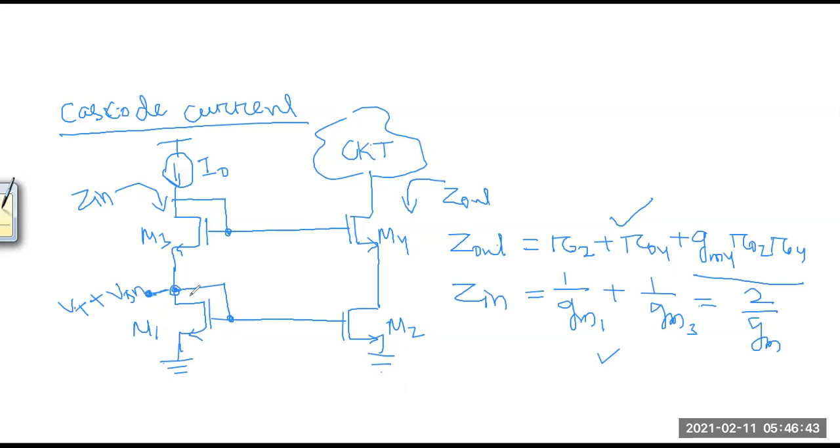Then again, what is this point voltage? Again, though it's diode connected, for this transistor also VT plus V on. So overall, if you see from here to ground, this is 2 VT plus 2 V on.